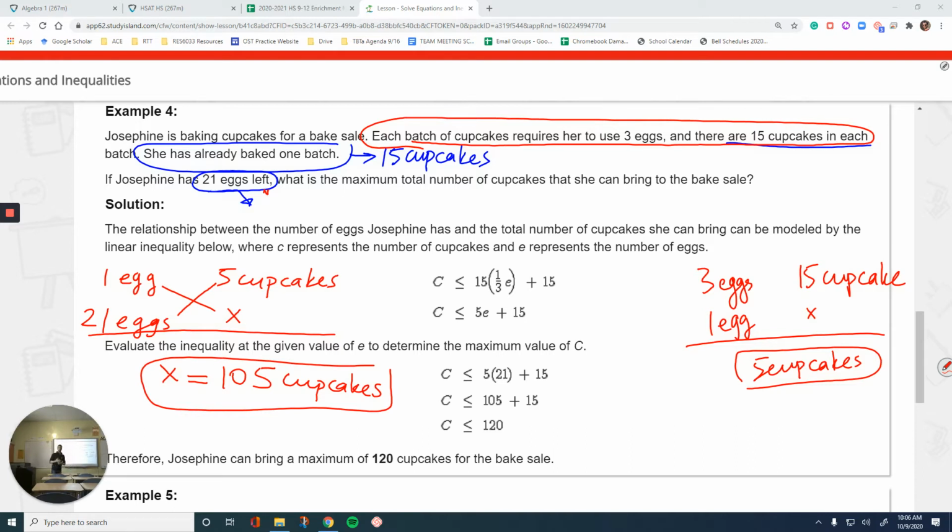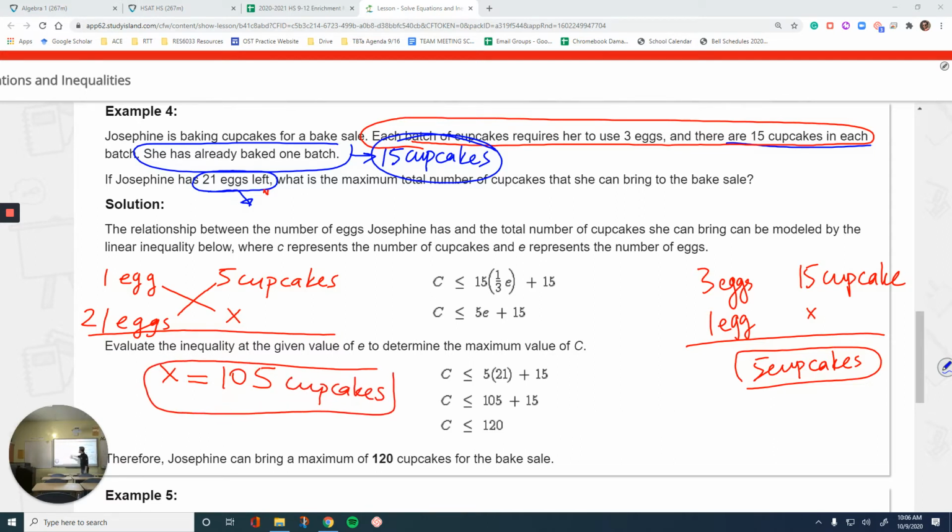I'm trying to figure out the total number of cupcakes, but remember, I had already 1 batch that was made, ready to go, and then I can make 105 more. Add these together, 105 plus 15 is 120. So the maximum, if she pushes everything, is 120 cupcakes.